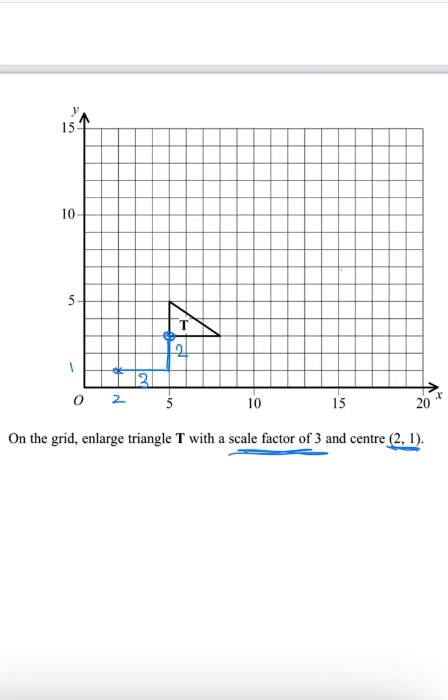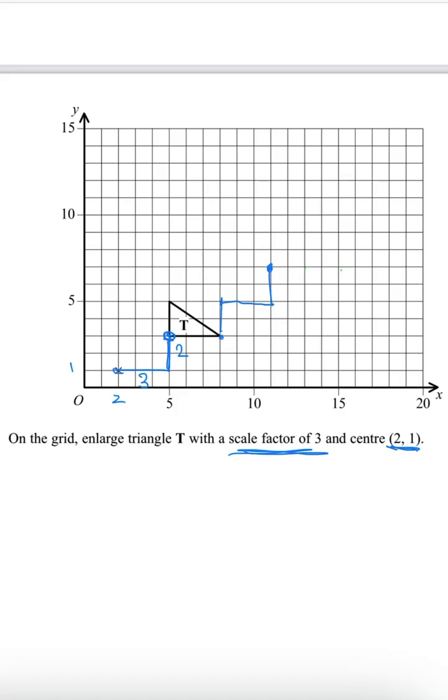So because it's scale factor 3, we have to do that 3 times from the center. So that's once. We're going to go across 3 again. That takes us to the end of our shape here. And then up 2. And then across 3 again and up 2.